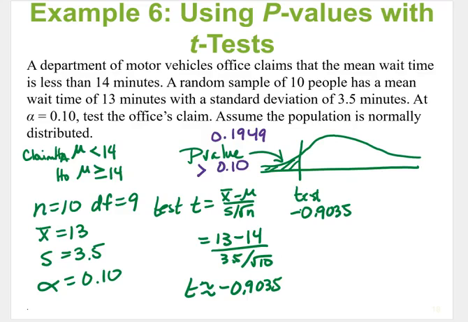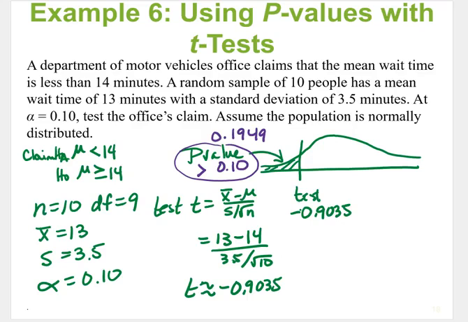So when you do these p-values, technology is really a little bit more important here. You really need to be able to get the technology on your side. But you can at least know that your p-value is going to be greater than 0.10, based on the values in the chart for those degrees of freedom.